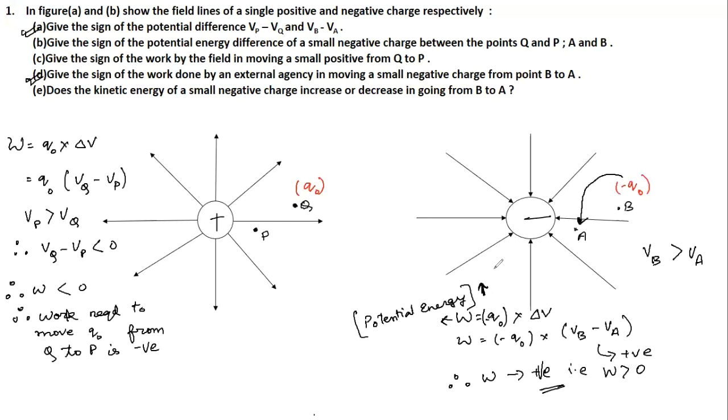In this case we have an increase in potential energy, so it is asked whether the kinetic energy of that small negative charge will increase or decrease in going from B to A. Since point D says that potential energy increases, the kinetic energy of this negative charge, minus Q naught, decreases from B to A.